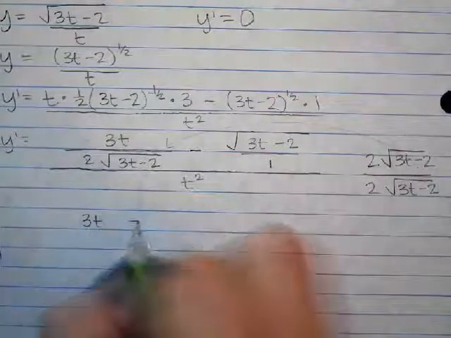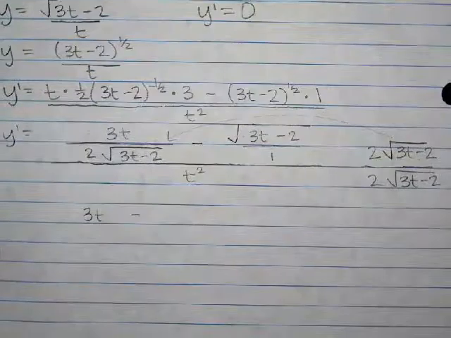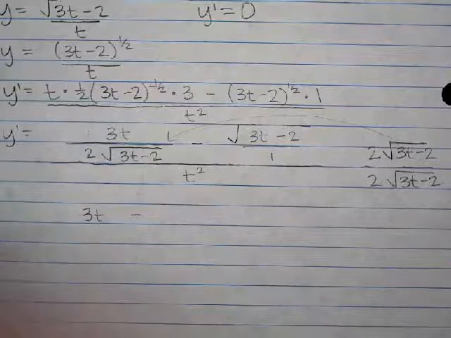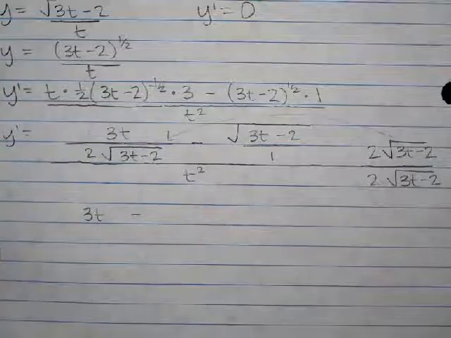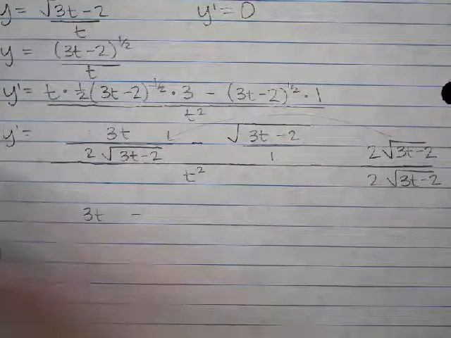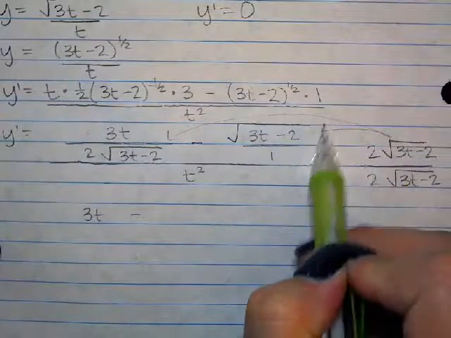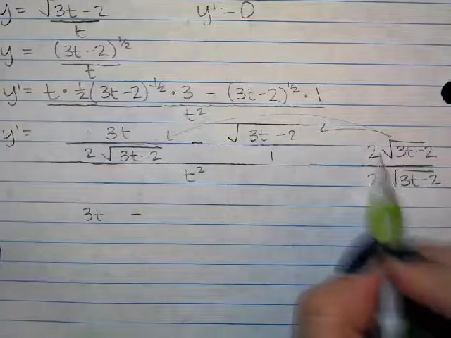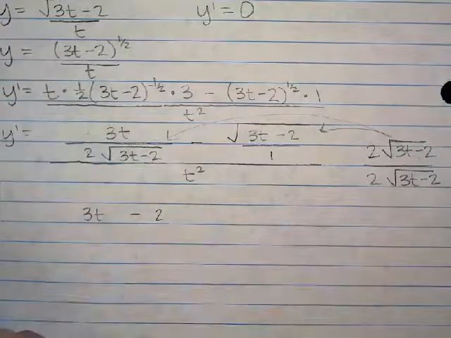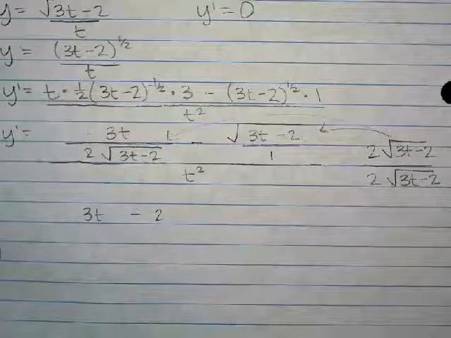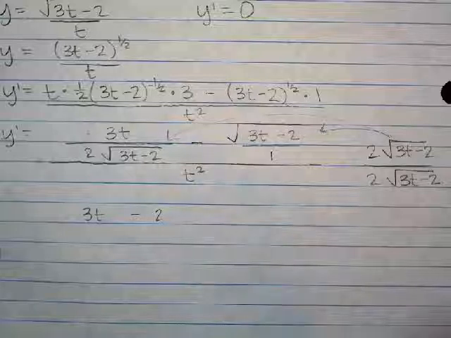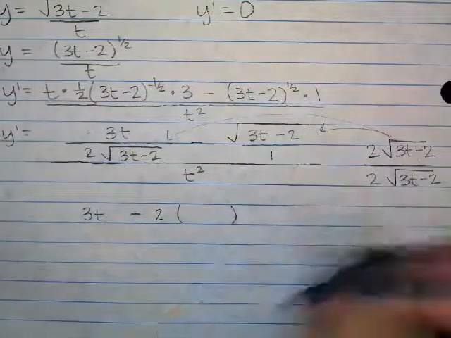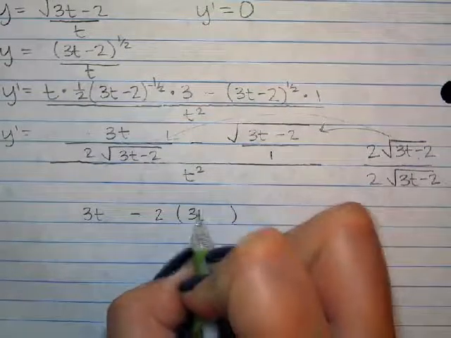Okay, now this one, we have the radical multiplied by 2. So I'm definitely going to have the 2, right? And then what happens when we multiply the two radicals together? They cancel and they leave just what is inside the radical, 3t minus 2. Now when I multiply the bottom times the t squared, nothing cancels out, I just get the whole thing.